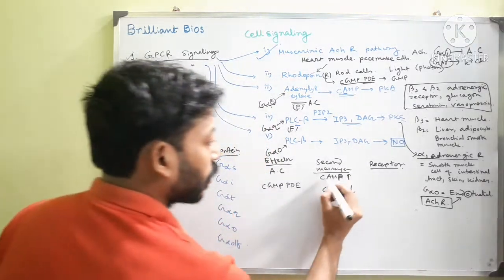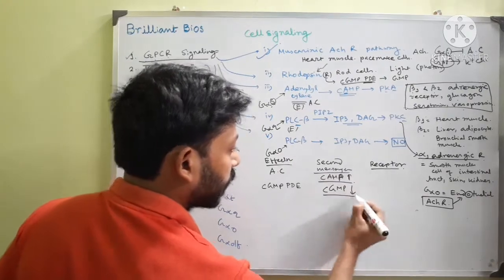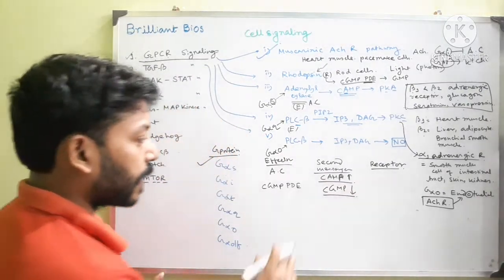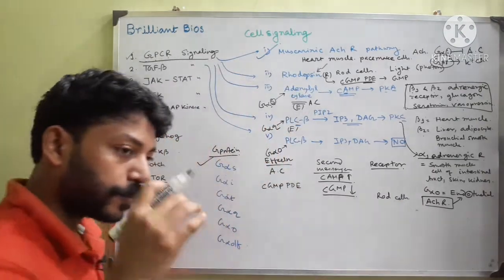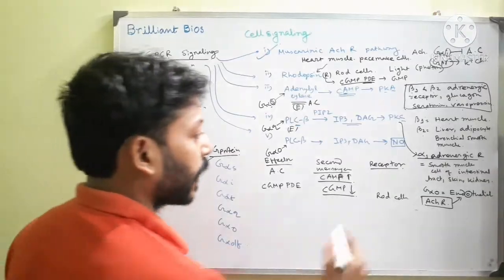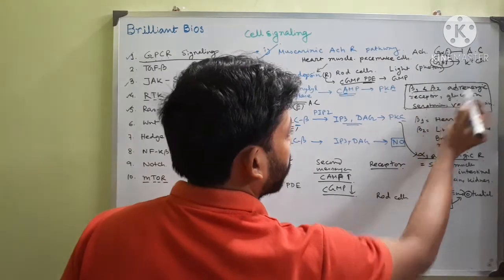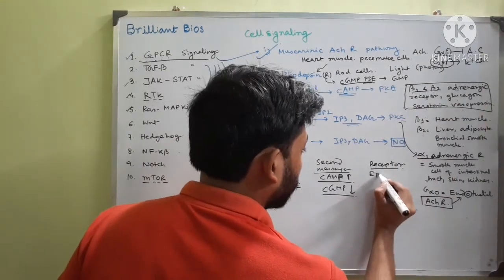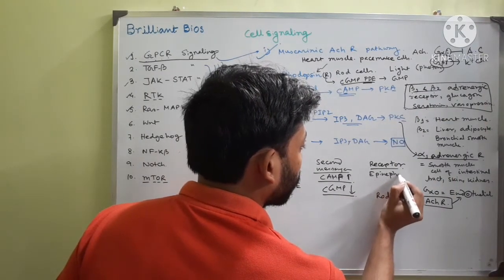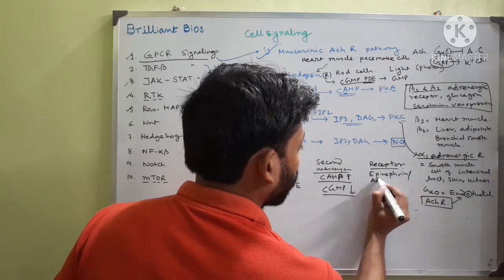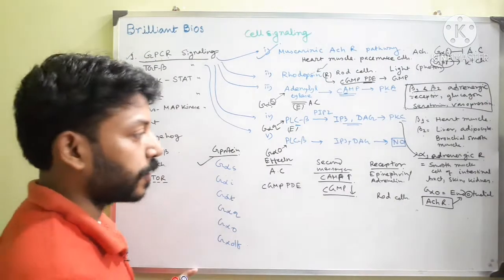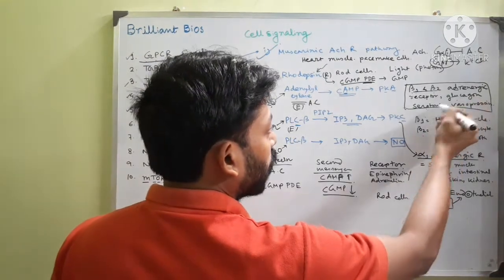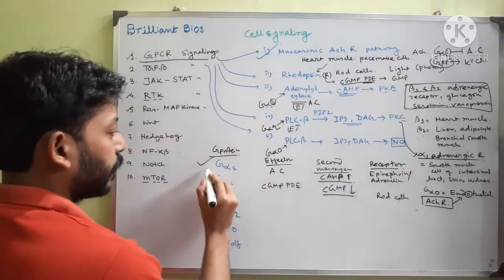Here cAMP increases and here cGMP decreases, and this occurs in the case of rod cells by photons, actually light. And here the beta 2 adrenergic receptor means epinephrine or adrenaline hormone. This can also be a neurotransmitter. Adrenaline can act as a neurotransmitter. Then glucagon, serotonin or vasopressin can activate this pathway.